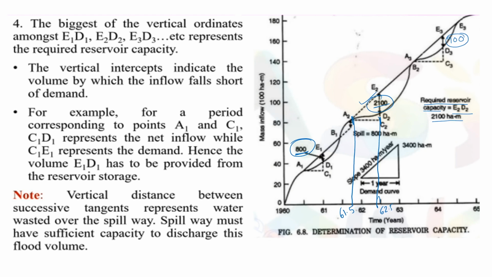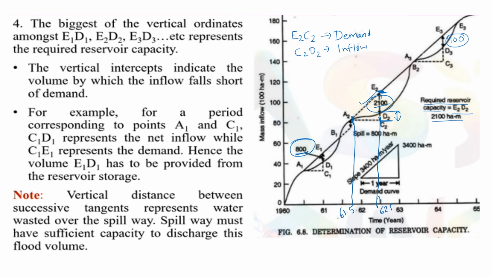So between this time period we have these different vertical intercepts. E2 C2 will be the demand at that particular time, and C2 D2, this much portion, will be the inflow.